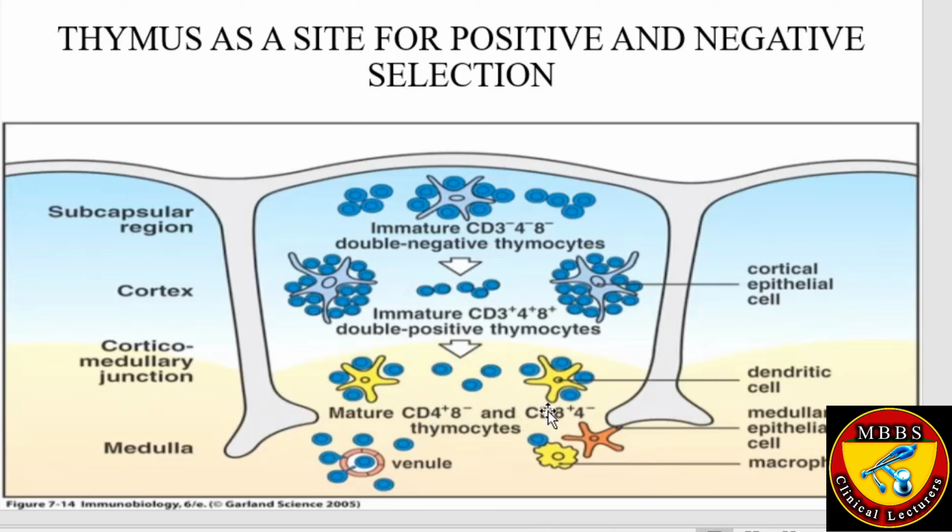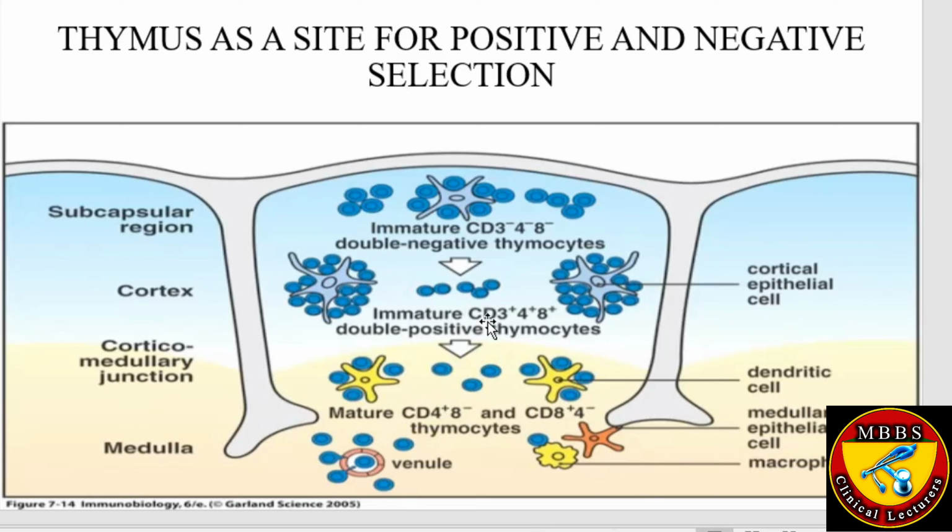What happens when these double positive cells come into contact with a cell bearing class 2 MHC protein? It becomes CD4 positive.